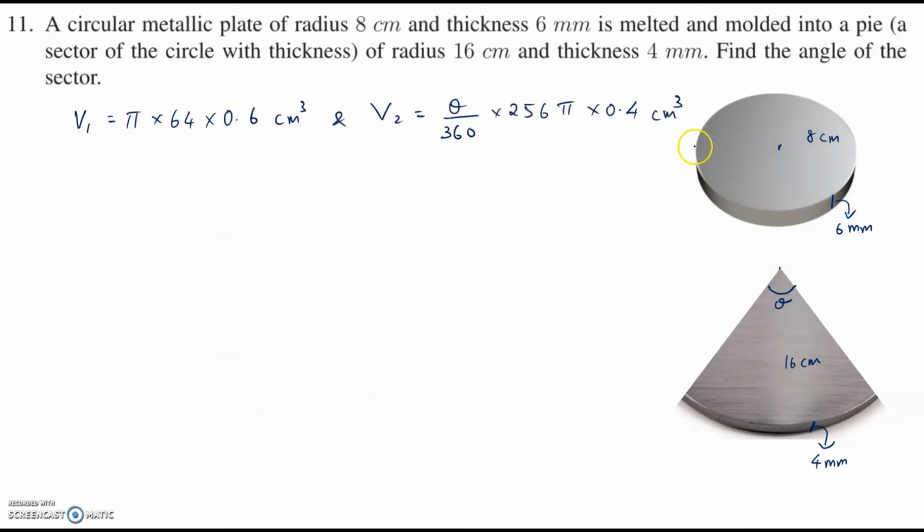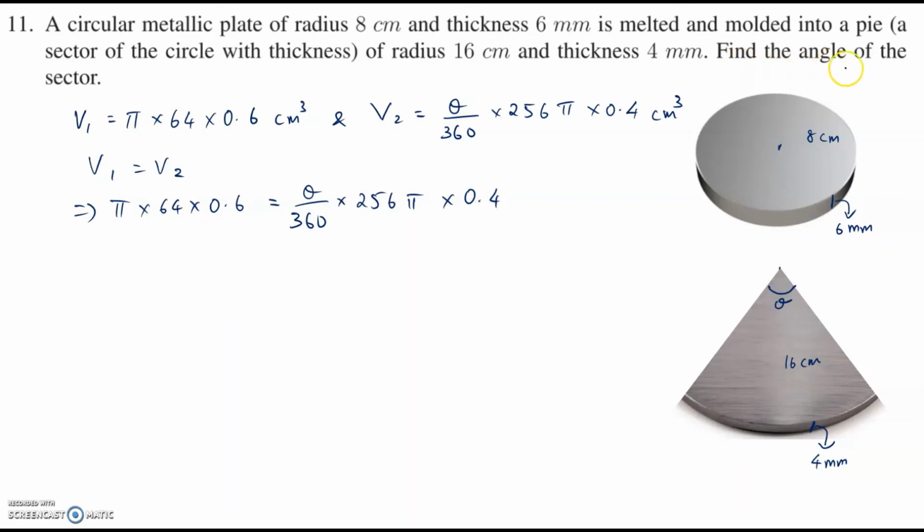Now the volume of the circular plate and the volume of the pie are equal because the circular plate has been molded into this pie, and we have both in the same unit, centimeter cube. So we equate V1 equals V2, which implies pi into 64 into 0.6 is equal to theta by 360 into 256 pi into 0.4.